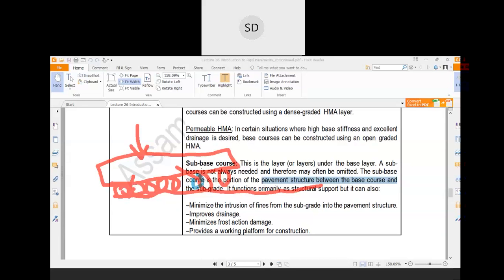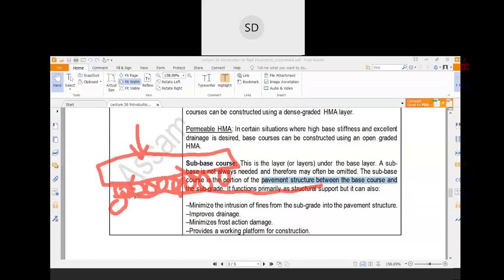Now load would be applied over there and it would be transmitted over a larger area through these base courses. Because of that load, sometimes the soil can penetrate through the base courses.